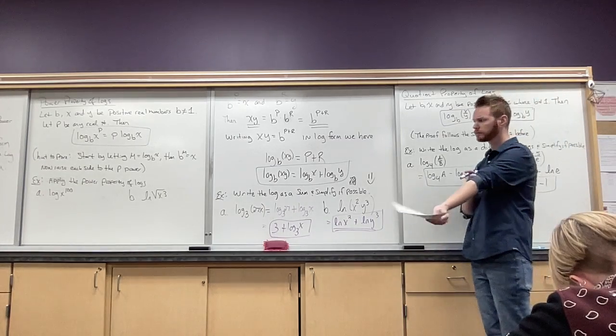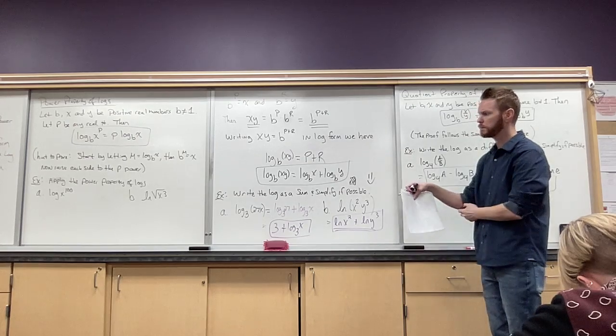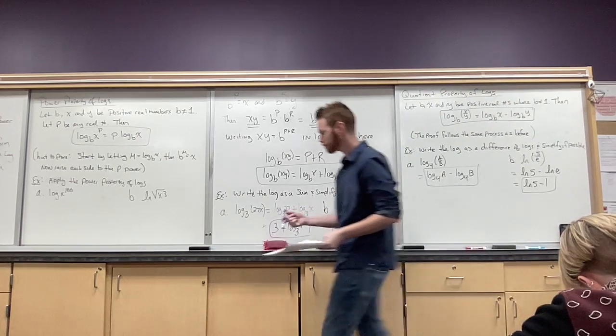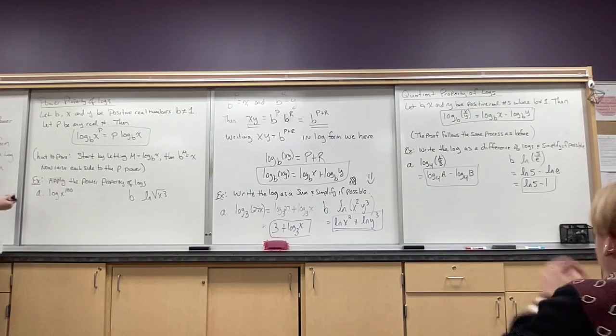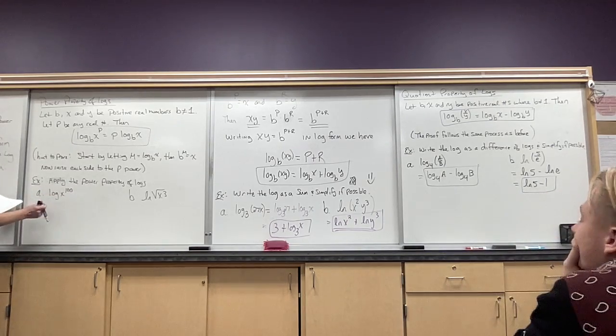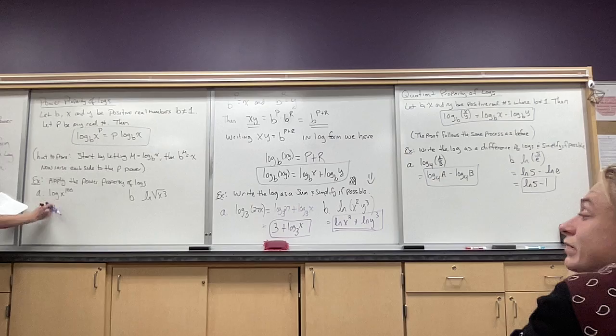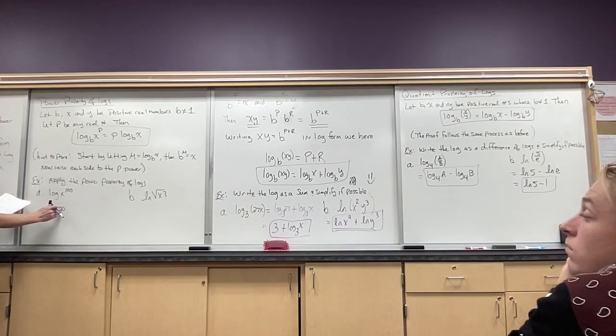So for part A, notice that the argument's being raised to what, the 100th power? So using this property, all I gotta do is bring the 100th power out in front. Okay, so this is gonna equal 1,000, no, not 1,000, 100, huh?